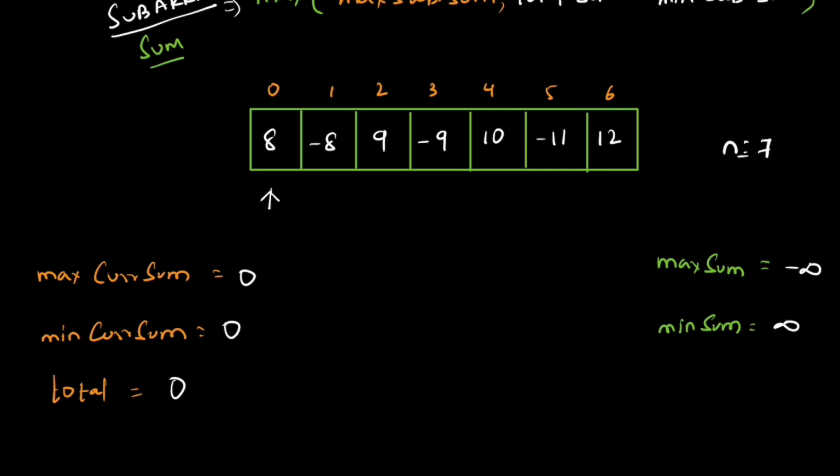Now at index 0, the element is 8. So we'll add 8 to the total first, then to the maximum sum, and then to the minimum sum. Now we'll check whether maximum current sum is greater than maximum sum. Yes, so we'll update it to 8. Okay, and we'll check whether current minimum sum is less than minimum sum. No, but here current minimum sum is greater than 0.